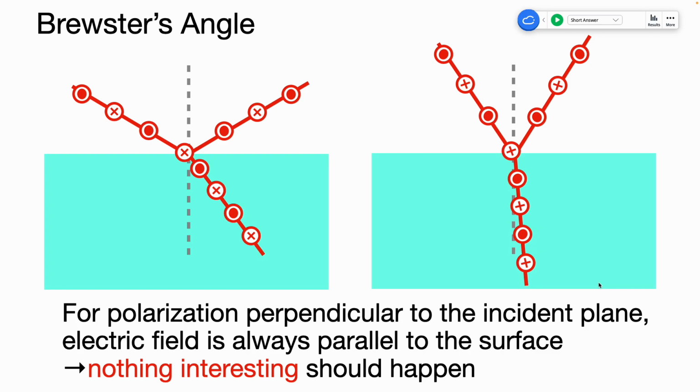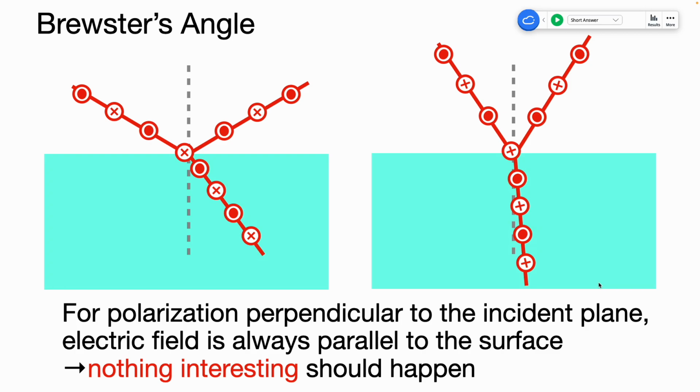On the screen, you are looking at the electric field going in and out of the screen. That's why I drew this dot and cross. Dot is coming at you, because when you see an arrow coming at you, you see a dot. When you shoot an arrow, you see the cross from the feather. So it is in and out of the screen, which is what I'm doing here. The light is polarized like this, so it's going in and out of the screen.